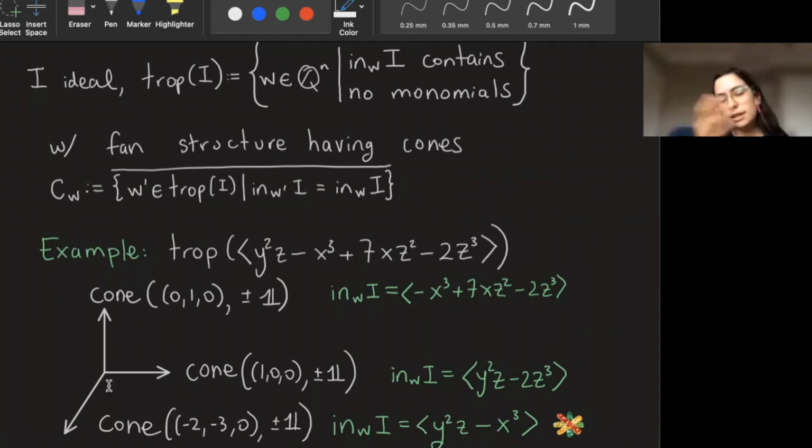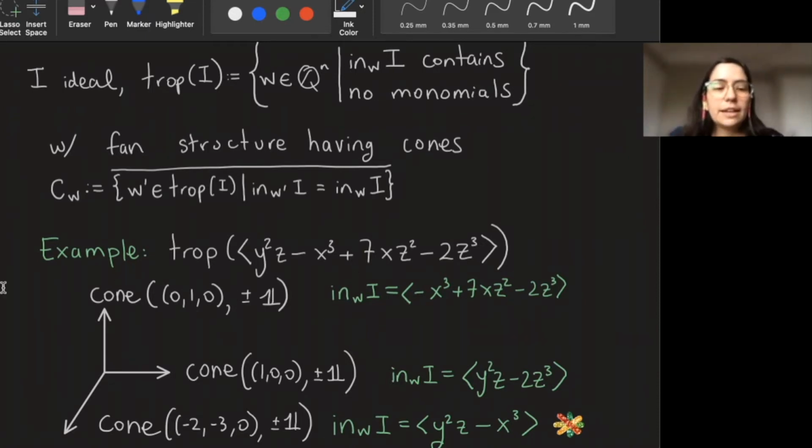And then it's a fan. So for example, just the cone spanned by, or yeah, the line going through (1, 1, 1). This is (1, 1, 1). It will also be one of the faces of your tropicalization.